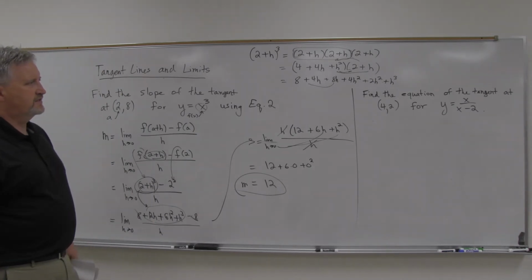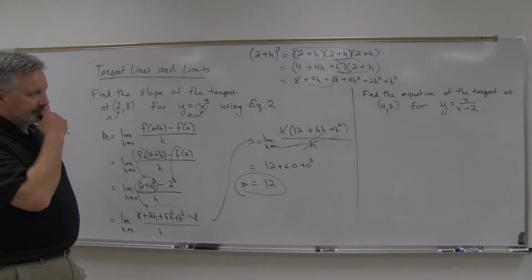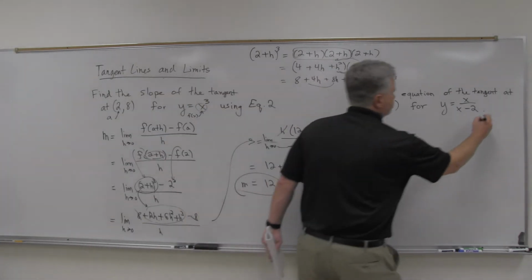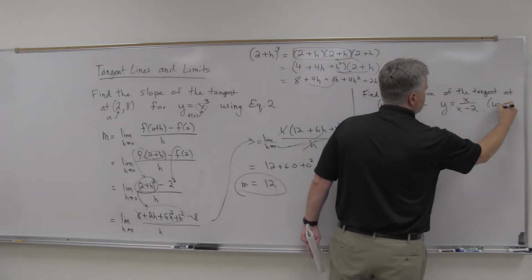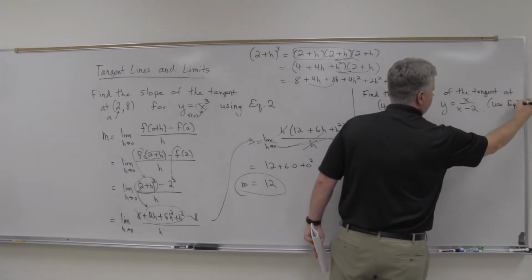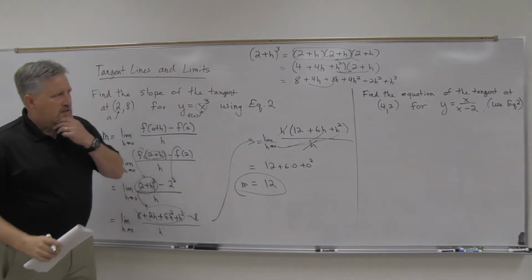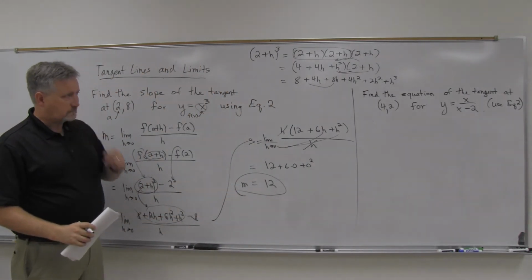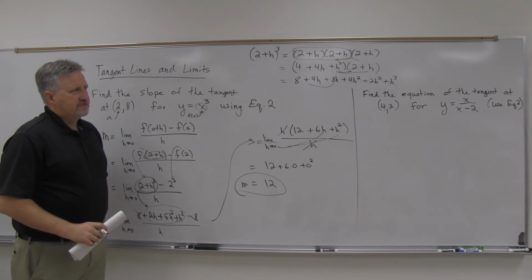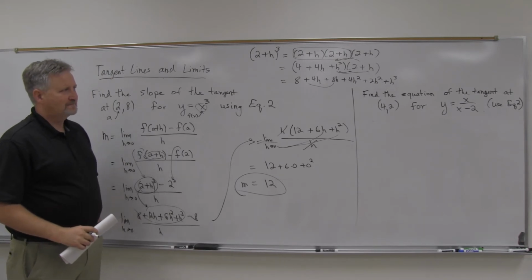Find the equation of the tangent at 4, 2 for y equals x over x minus 2 using equation 2. They'll specify in your homework, they'll specify use definition 1 or equation 2. But let's use equation 2 for this one.